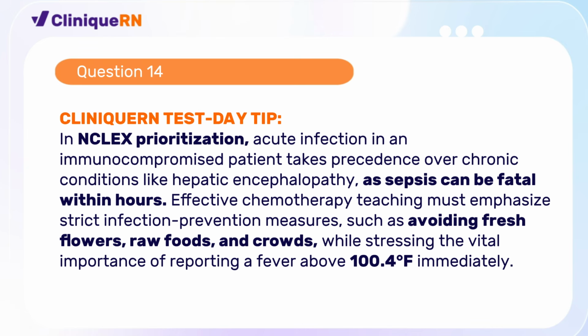In NCLEX prioritization, acute infection in an immunocompromised patient takes precedence over chronic conditions like hepatic encephalopathy, as sepsis can be fatal within hours. Effective chemotherapy teaching must emphasize strict infection prevention measures, such as avoiding fresh flowers, raw foods, and crowds, while stressing the vital importance of reporting a fever above 100.4 degrees Fahrenheit immediately.